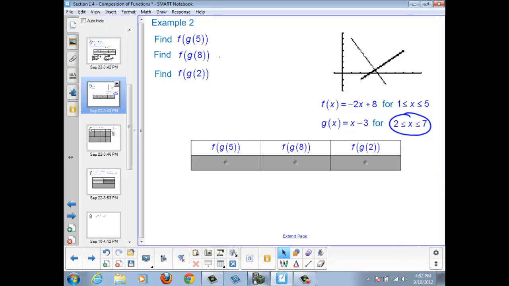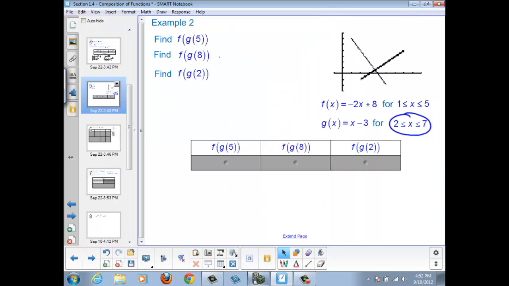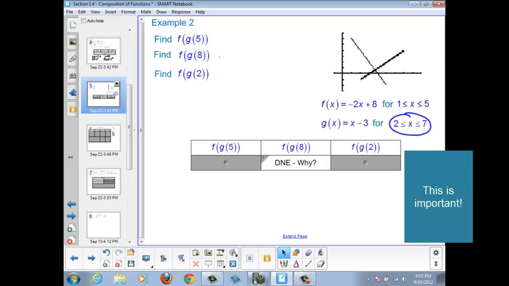It's false. And in that case, we divide by 0. So when we ask for f of g of 8, we should say does not exist. If I ask you why, then we would explain that 8 is outside the domain of g.